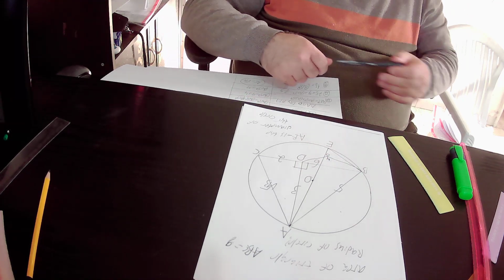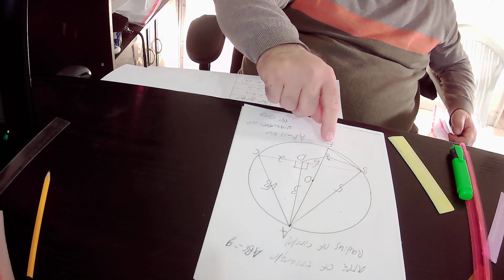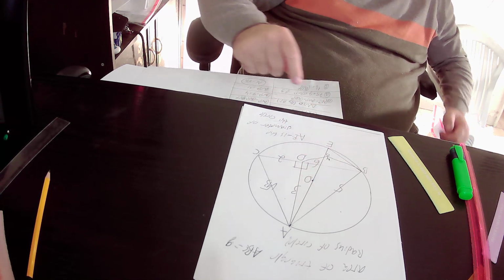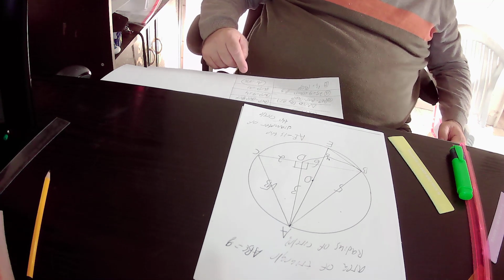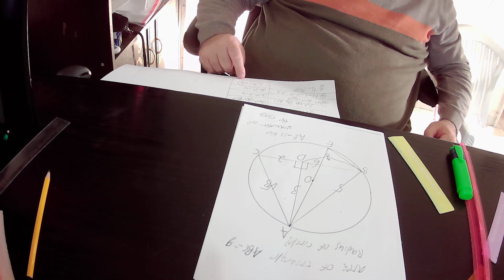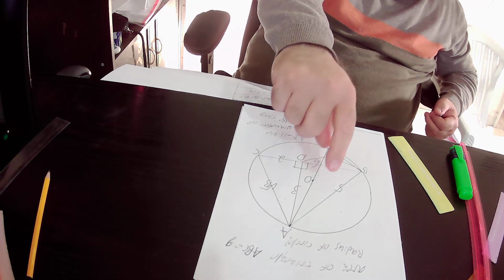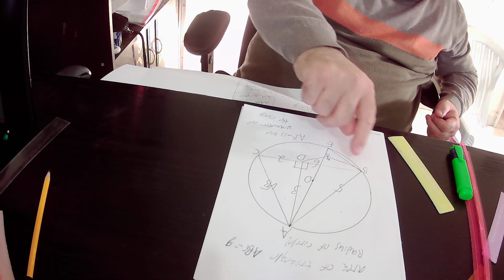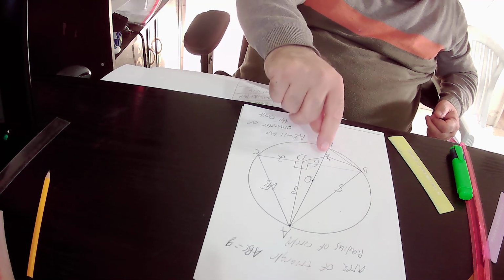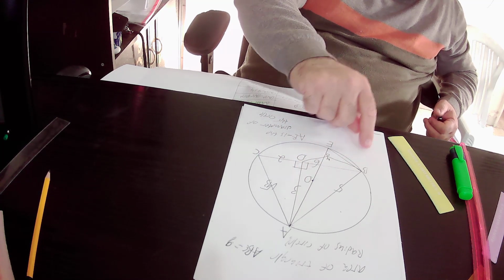Because the peripheral angle ABE rests on the diameter of the circle, we have the rule that any peripheral angle that rests on the diameter of a circle equals 90 degrees.